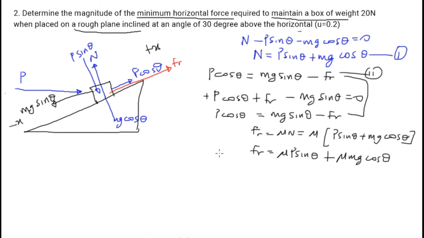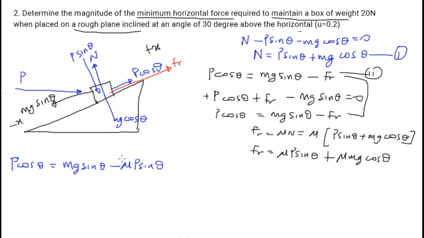Alright, that means we can substitute the equation for Fr into equation 2, so that P cos theta will be equal to mg sine of theta minus Fr, where Fr is mu P sine theta.